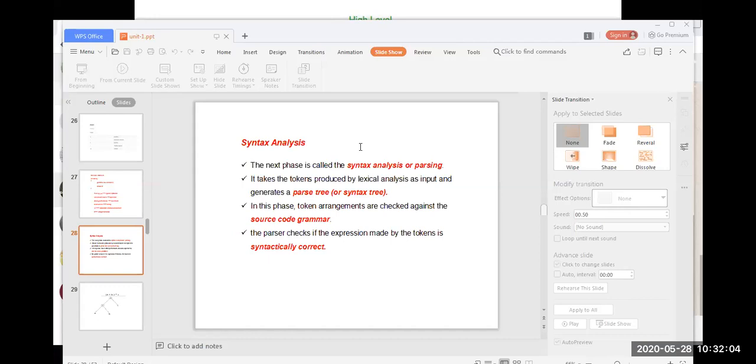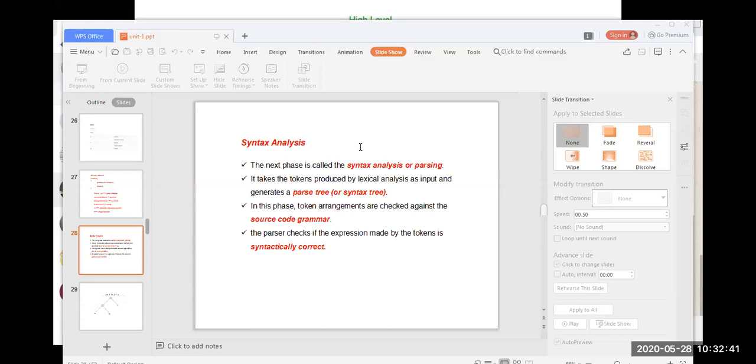While constructing the parse tree, it will verify each and every token, whether it is matching the rules and regulations of the programming language or not. At the time of constructing the parse tree or syntax tree using the lexemes that came from the lexical analysis, it will check whether those tokens are according to the syntax of the programming language.